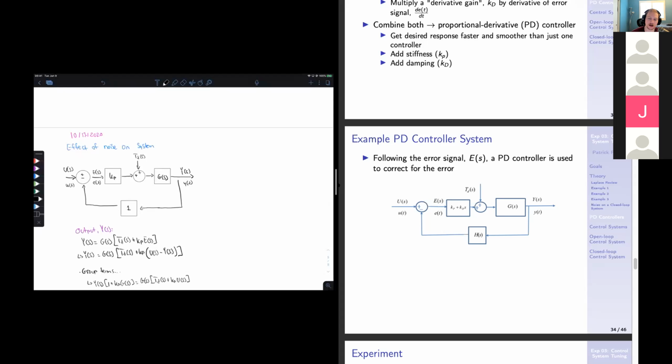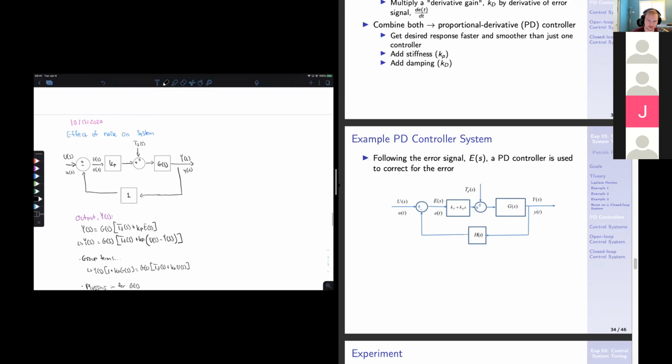So in this case, we have our error, we're multiplying it by our proportional gain, which is Kp, and we're also implementing our derivative controller, which is Kd, multiplied by s because that's taking the derivative of the error with respect to time.